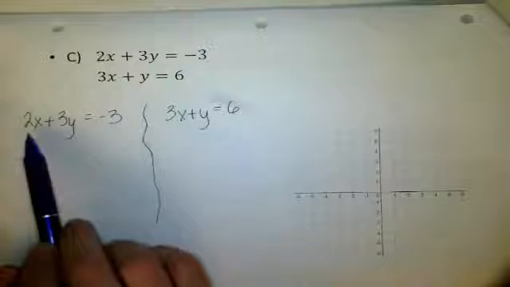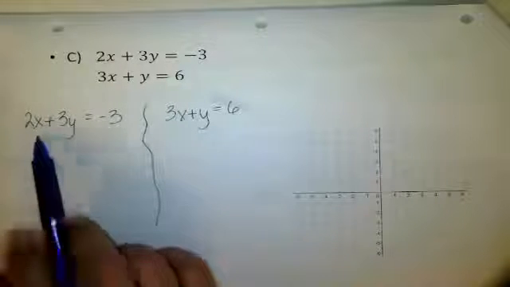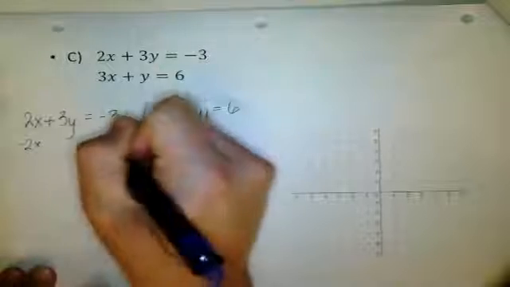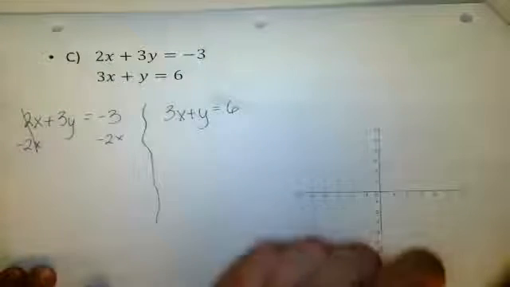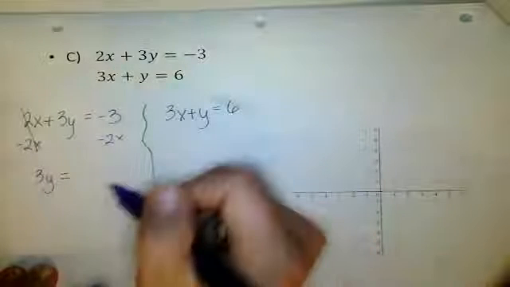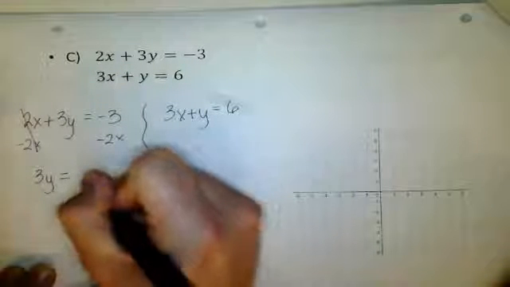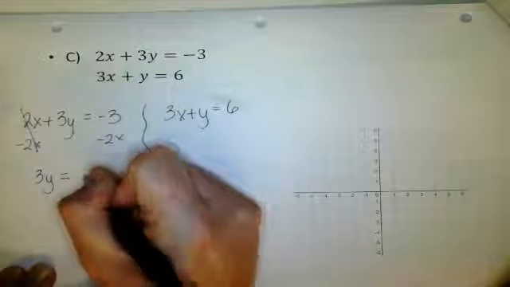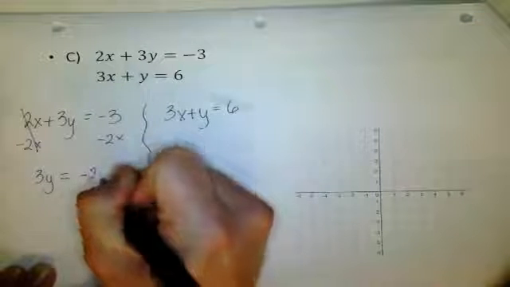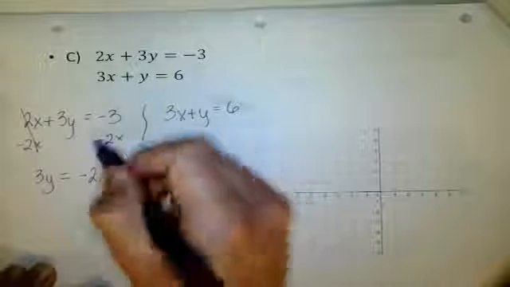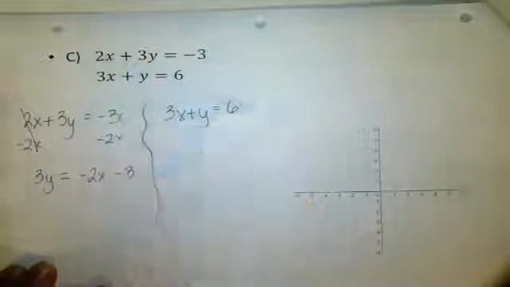All right, so looking at this first equation, how do I get y by itself? Subtract 2x, subtract 2x. Now I'm left with a 3y on the left side. What's on the right? A negative 2x and a negative 3 side by side.